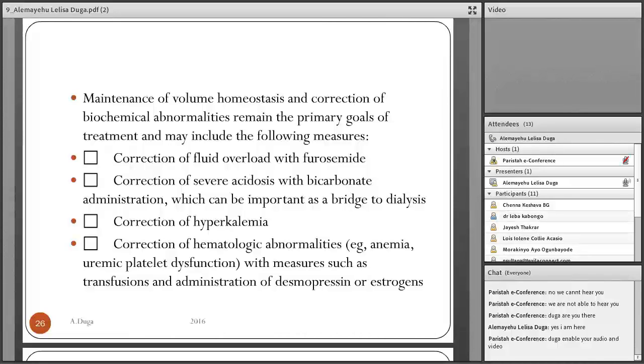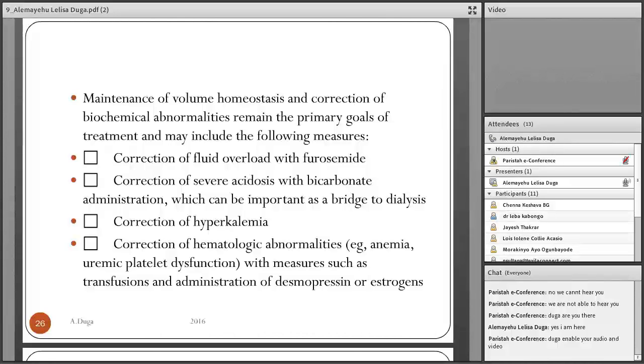Correction of hyperkalemia, which usually occurs due to low urine output, should be taken care of.